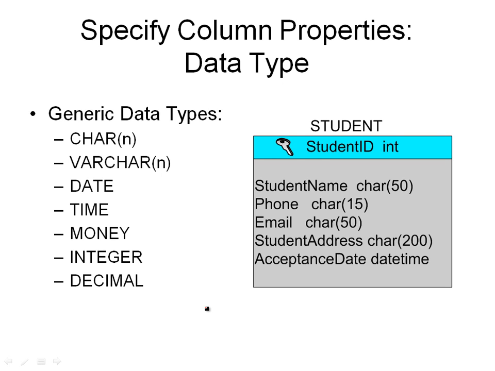Also, we need to identify data type. What type of information you are allowing to enter there. For example, if you put number, then if you try to put any text in that field, it will be rejected. So you have to be specific on what you are allowing as a data type in that field. The different data types that you might see is a character or variable character.